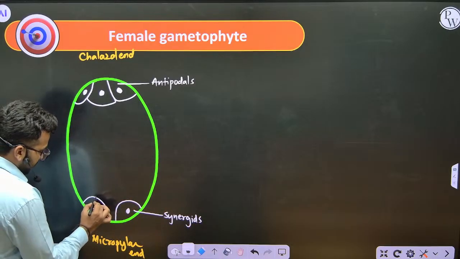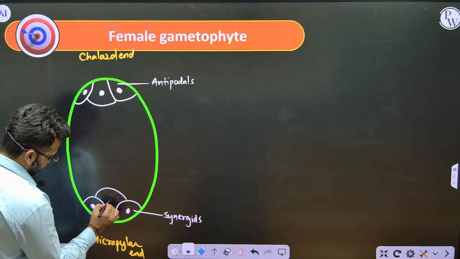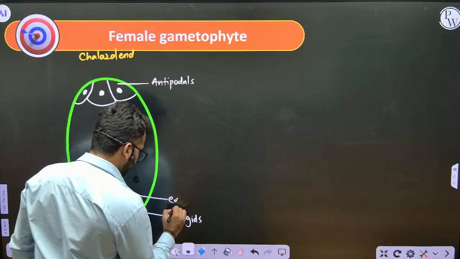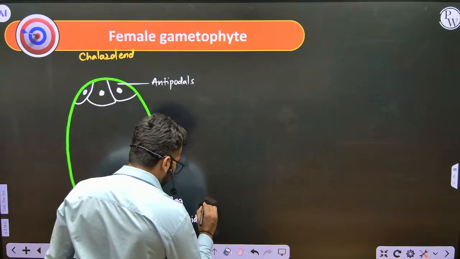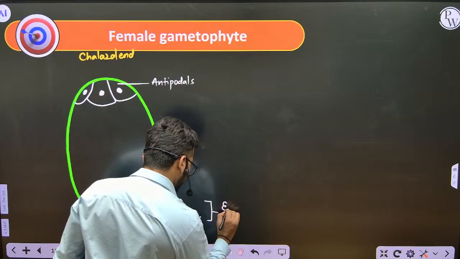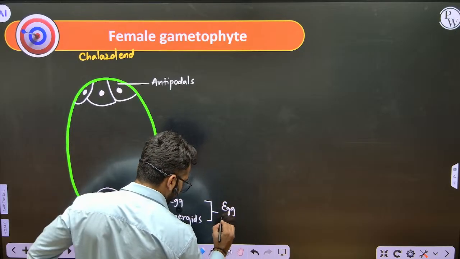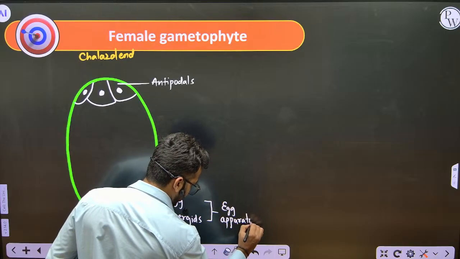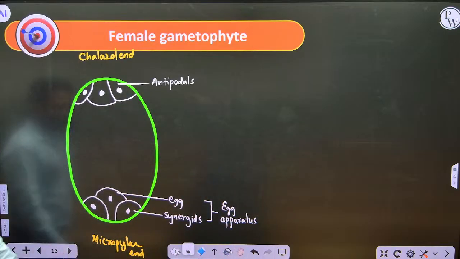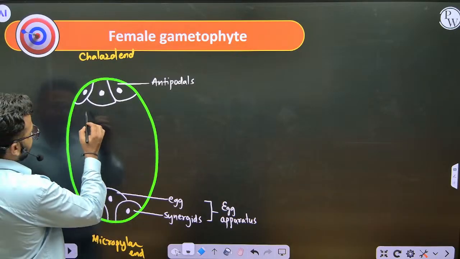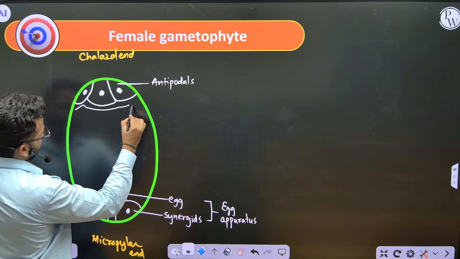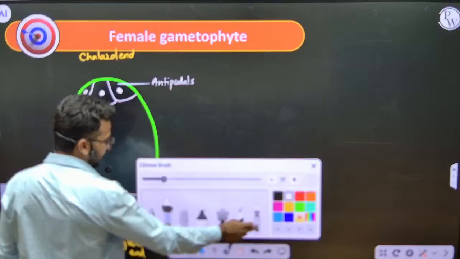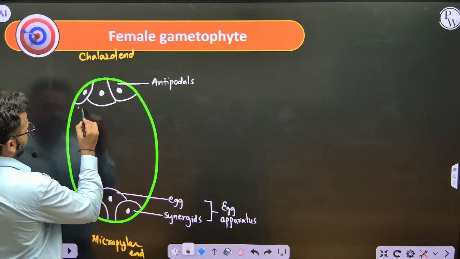And one more is there, no? That is the egg apparatus. This is the main egg. The egg and synergids together we call the egg apparatus. And at the center, what you are seeing, we call the central cell.